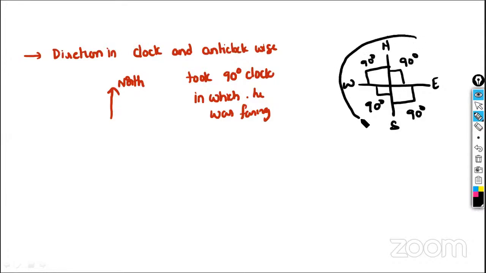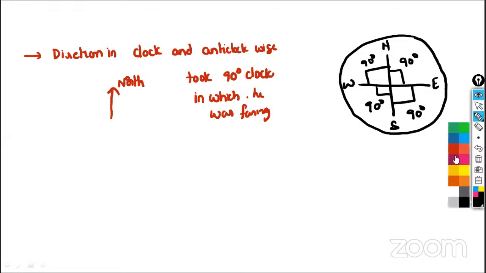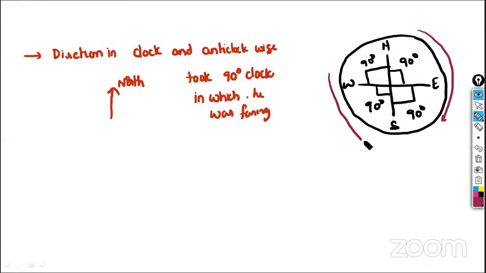We have to take a clock here. Clockwise direction means the direction in which our clock's hours and minutes move. If we take the reverse, opposite to the clockwise direction, we call it anti-clockwise direction.